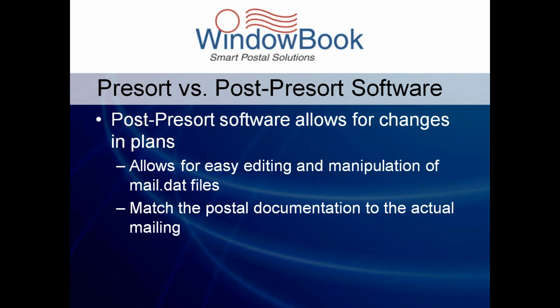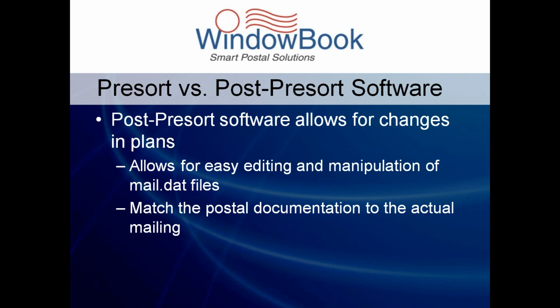Through editing the mail.dat files, post-PreSort software, like WindowBook's DAT-MAIL solution, can make changes to the initial plan or mailing without having to go back and rerun the actual postal PreSort step. Several common examples include changing the piece weights, accounting for spoilage, and creating partial mailings.